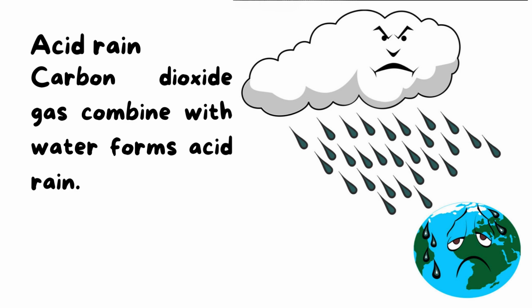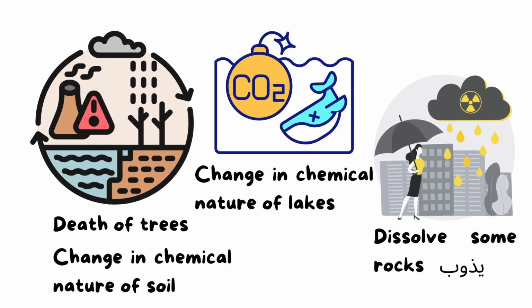Such as what? Yes, if this rain falls on plants, it causes the death of trees, as combining carbon dioxide with water makes the rain harmful for all living organisms, as this will harm the trees and cause death for the trees.